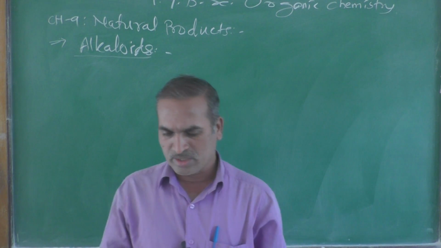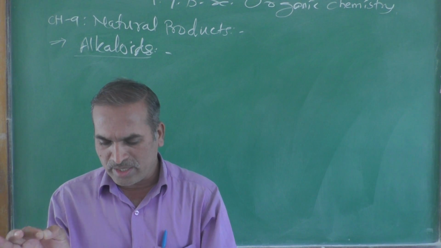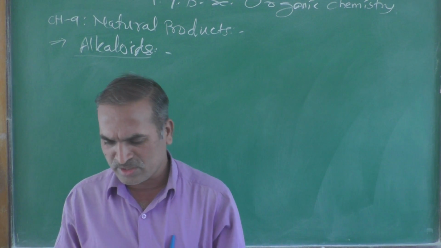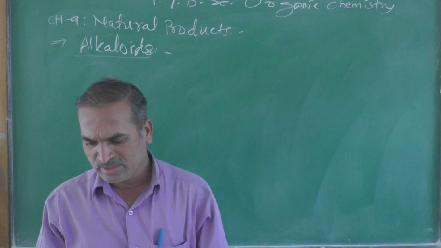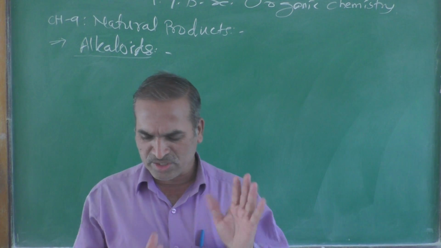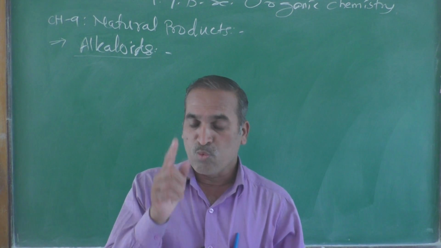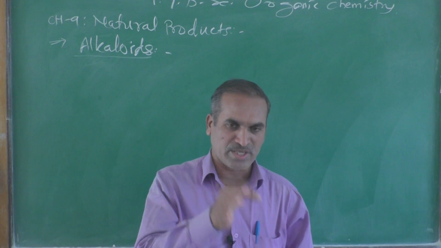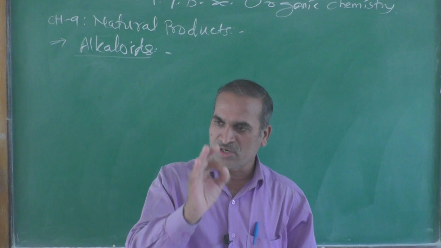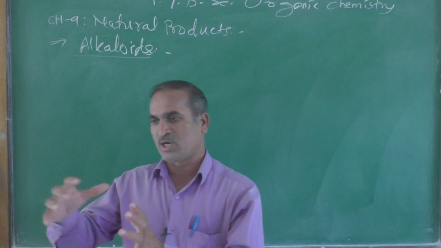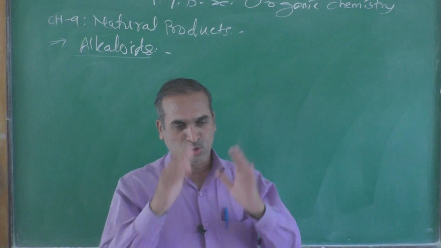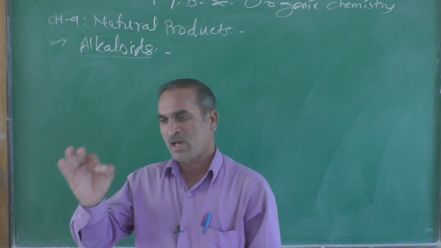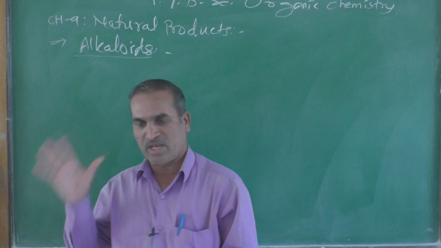The introduction. The name alkaloid is given to a group of organic bases of plant origin which contain at least one nitrogen atom. And whenever there is a nitrogen atom, one general statement regarding organic bases: those organic compounds containing a nitrogen atom are found to be basic in nature.